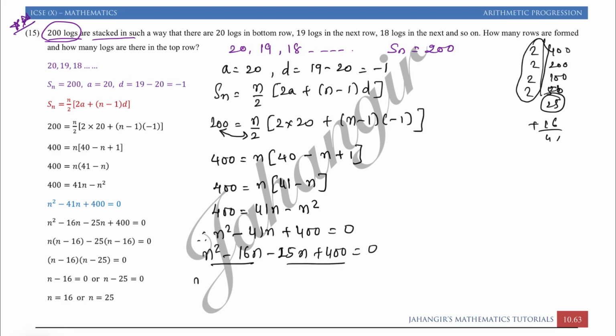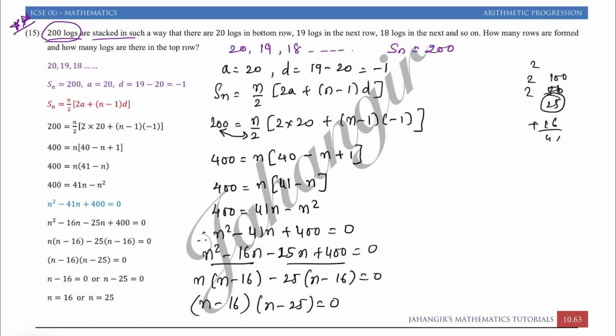If you take out common n, you will get n minus 16, minus 25 you will get n minus 16. So n minus 16 into n minus 25 is equal to 0.